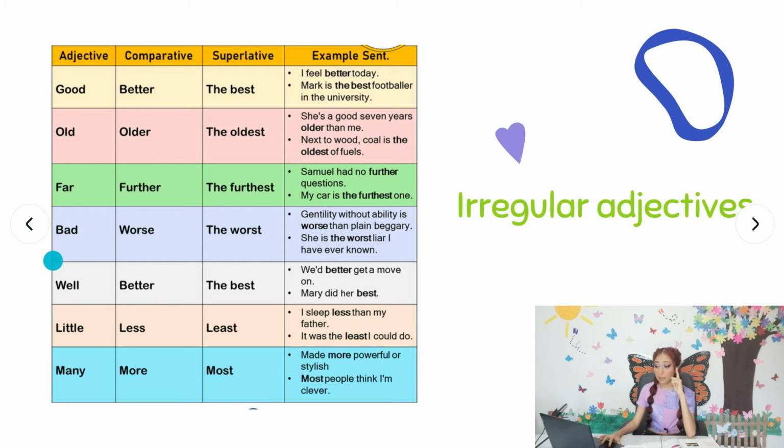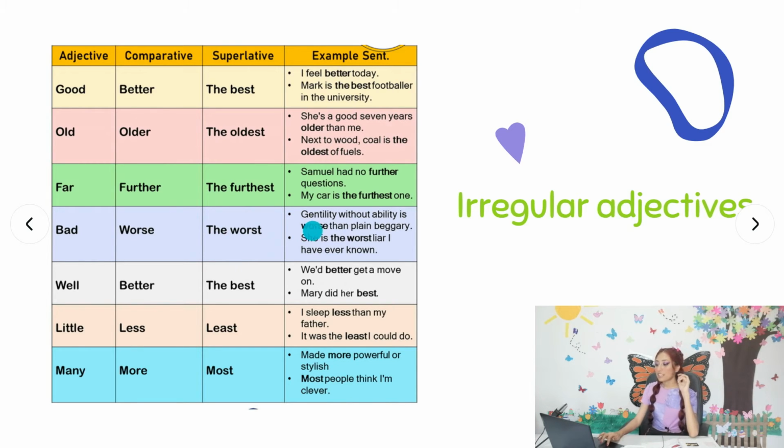Bad. Pay attention to bad, because bad and good are some of the most important ones. In comparative, bad is going to be worse, okay? And the worst in superlative.